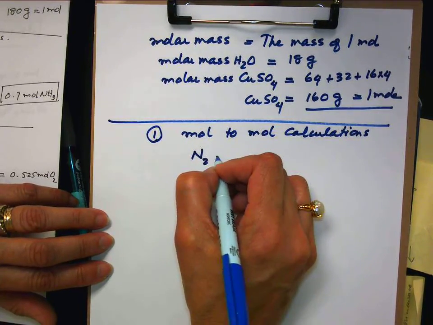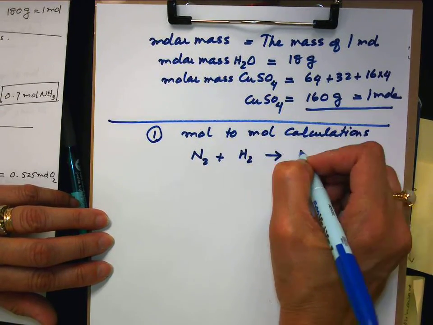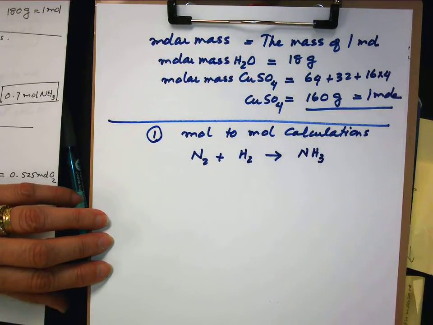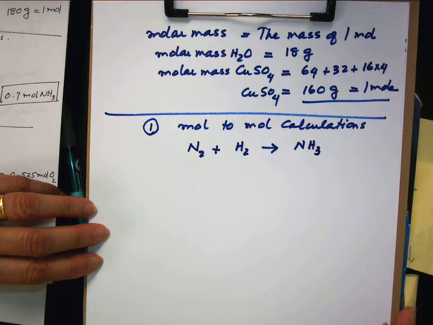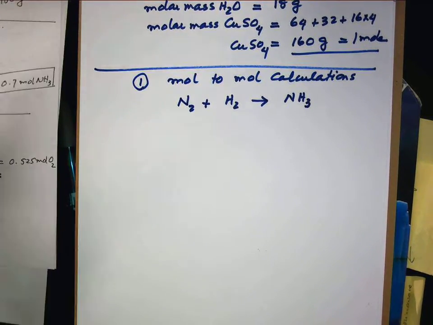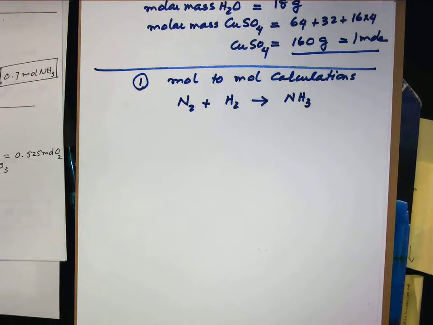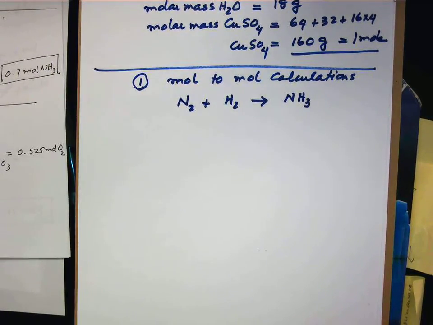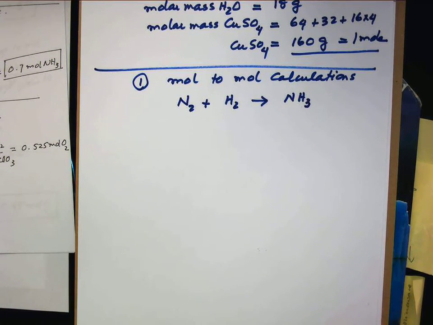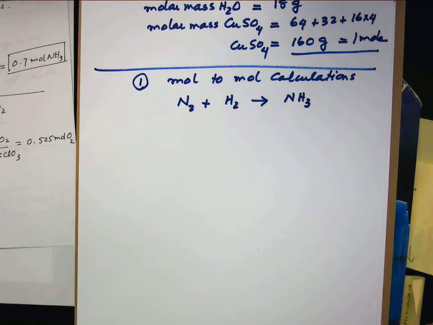So nitrogen plus hydrogen, you are making NH3, which is ammonia. So this is an equation. But is it balanced? No. So the moles are the coefficients of the balanced equation. So balance this one, please. We're going to find the moles from this equation. So balance it.